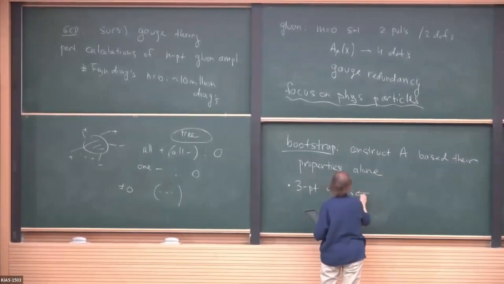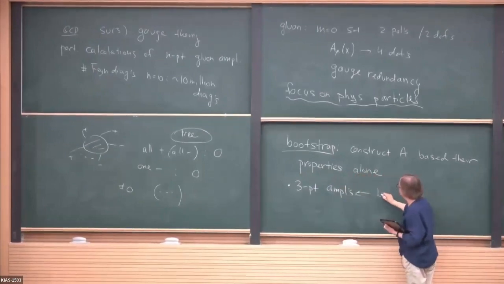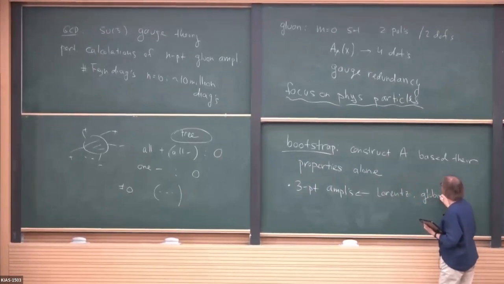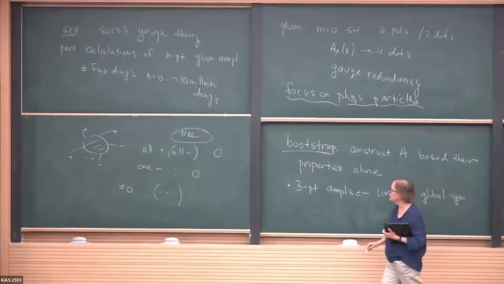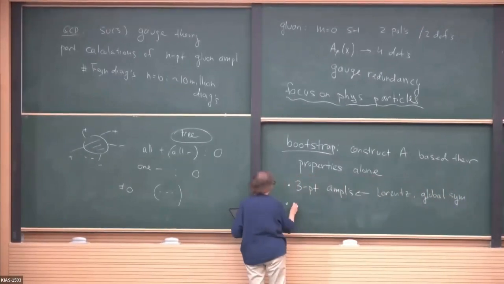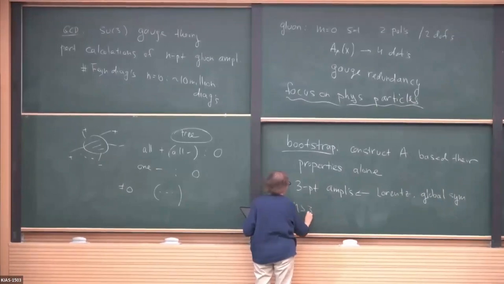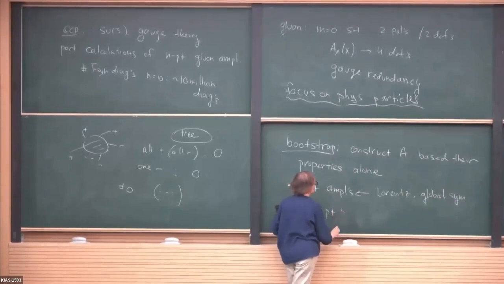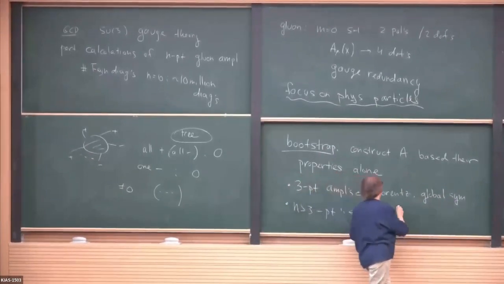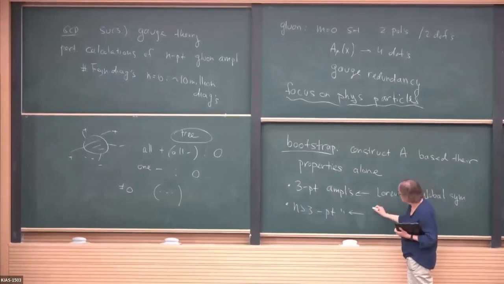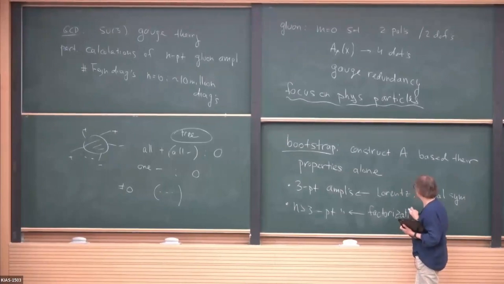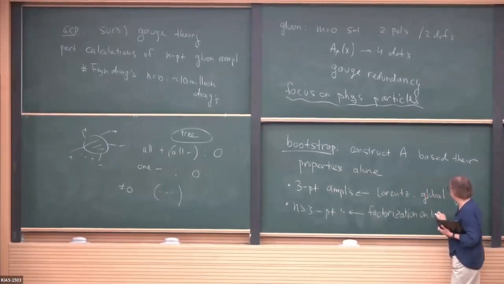These you can fix by the requirement of Lorentz and other global symmetries. And essentially, that's it. And then you go to higher point amplitudes, that is larger than 3-point amplitudes. And these you fix from essentially their factorization on lower point amplitudes.